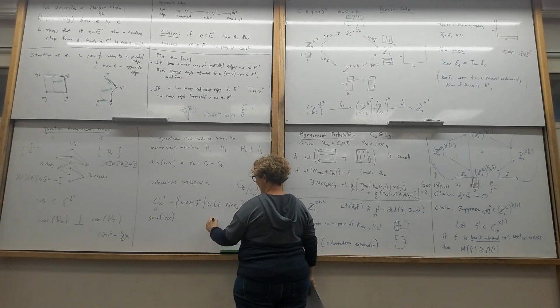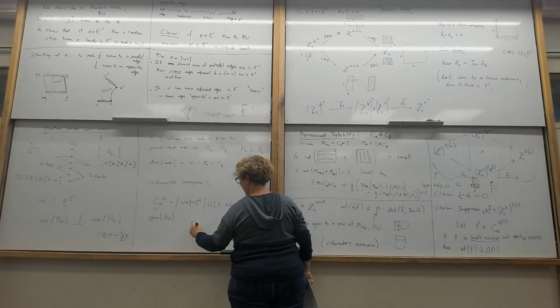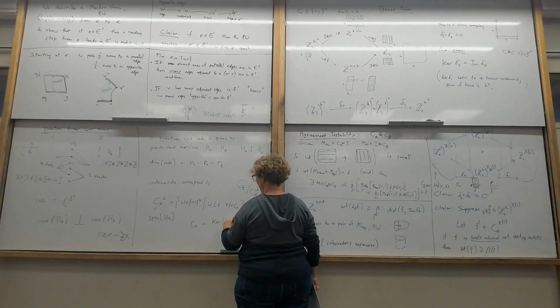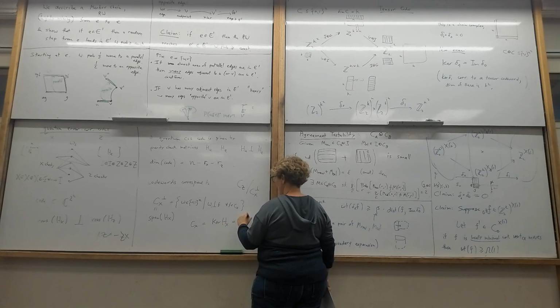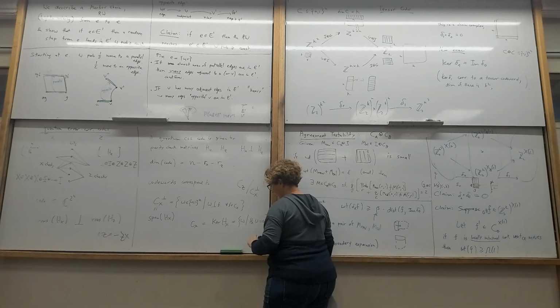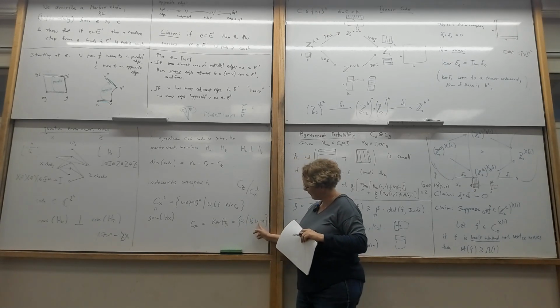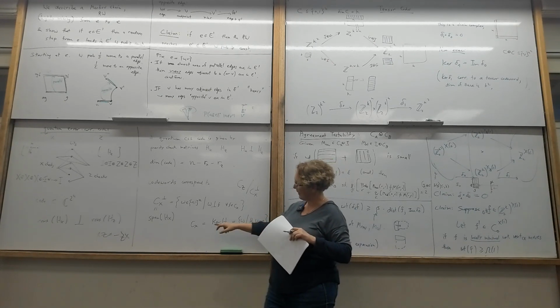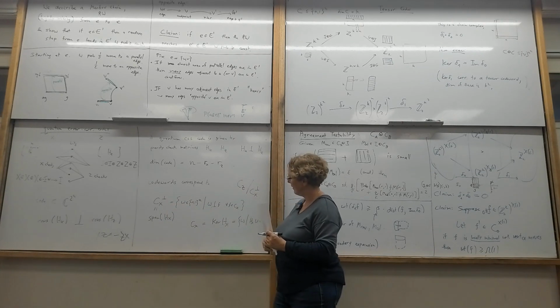Because CX equals the kernel of HX, which equals the set of W's such that HX W is 0. So it means that these are exactly the W's that have inner product 0 with every one of the rows in HX. So it's exactly the perp.